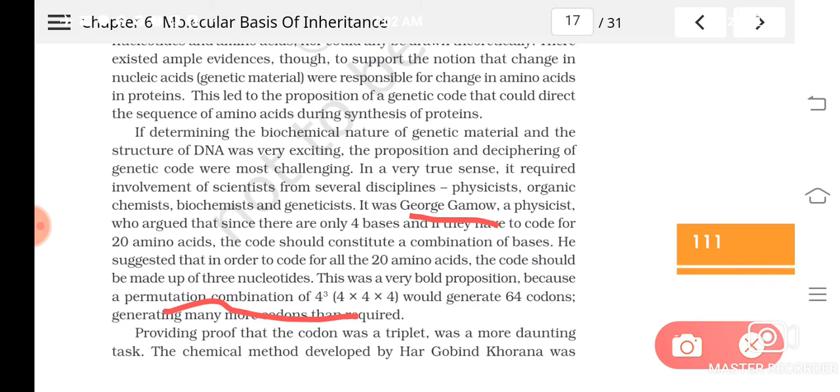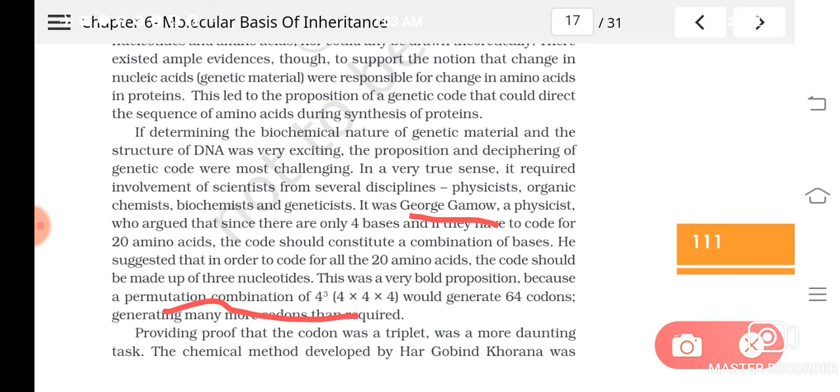If the bases are single, if A codes for one amino acid and U codes for another, then only 4 amino acids can be coded, isn't it? So he suggested that it should be a combination, and 2 is also not sufficient.